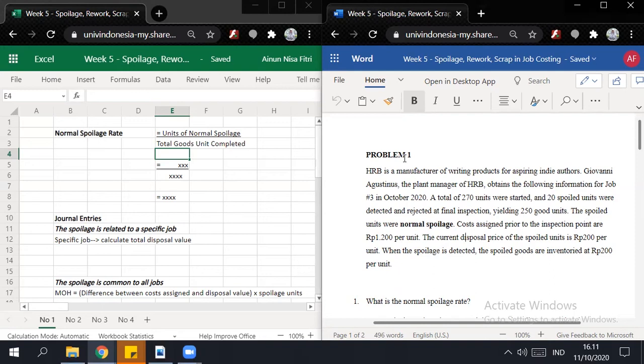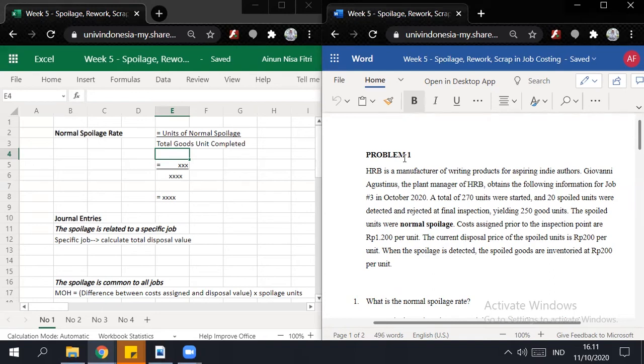The spoiled units were normal spoilage, and costs assigned prior to the inspection point are 1,200 per unit. The current disposal price of the spoiled units is 200 rupiah per unit. When the spoilage is detected, the spoiled goods are inventoried at 200 per unit.